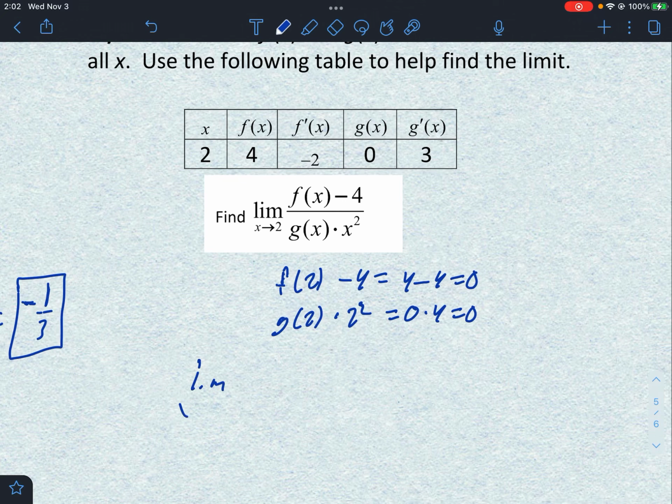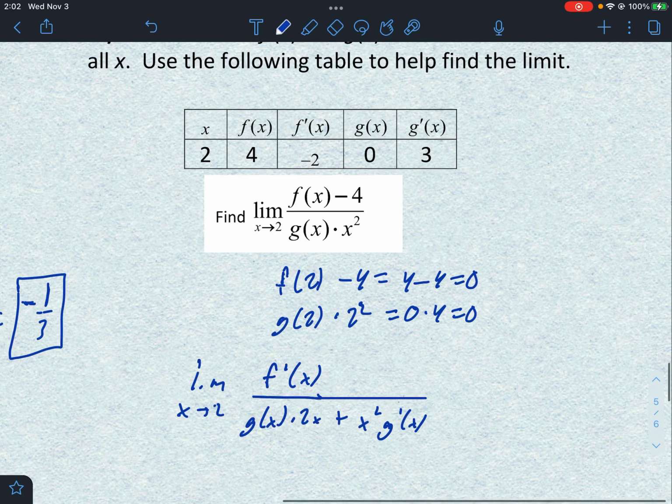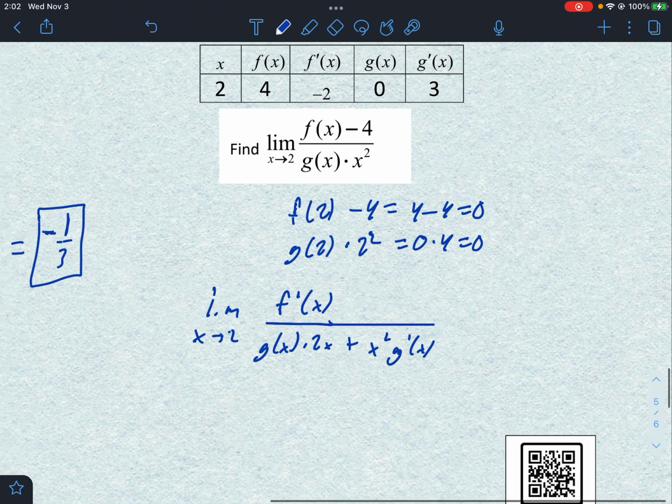So limit as x approaches 2 of f prime of x minus 0 over g of x times 2x plus x squared times g prime of x. You have to use the product rule for that denominator's derivative there. Now we can put 2 in again.